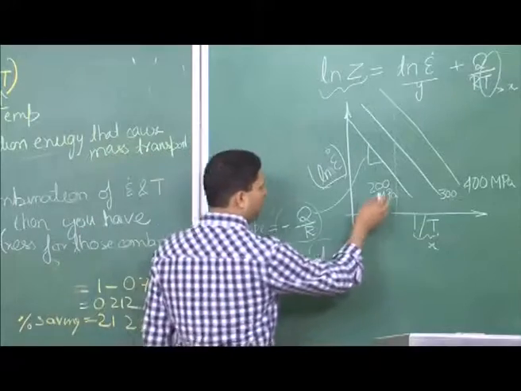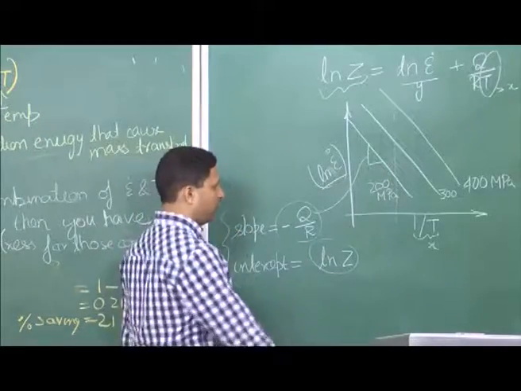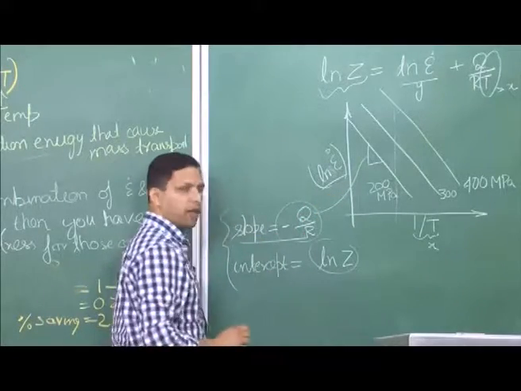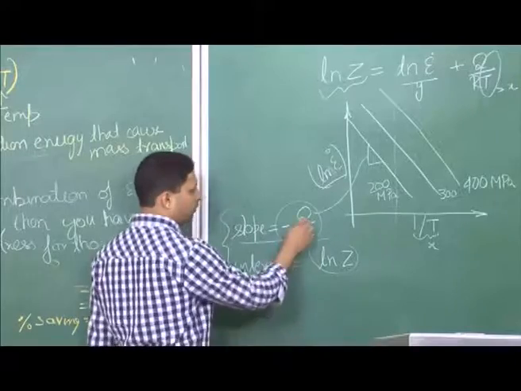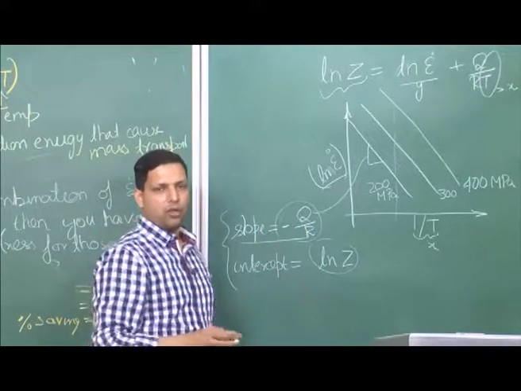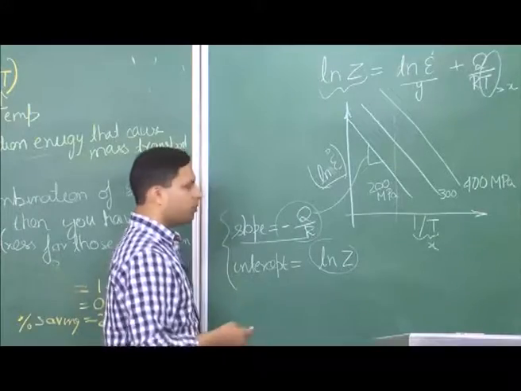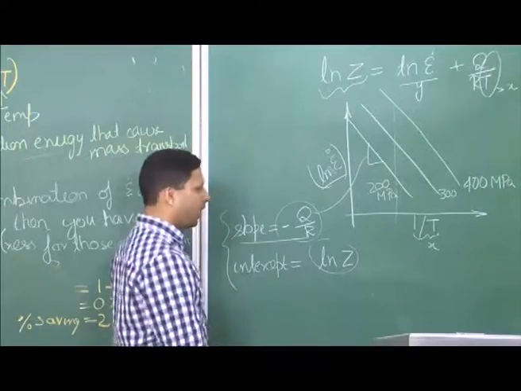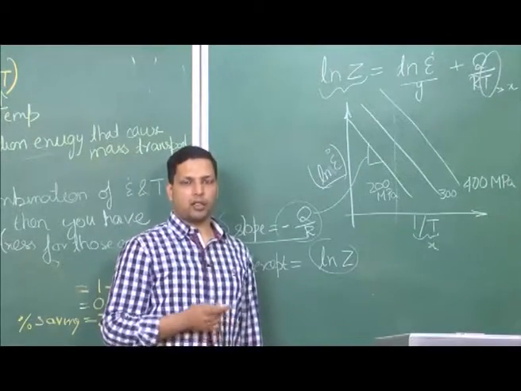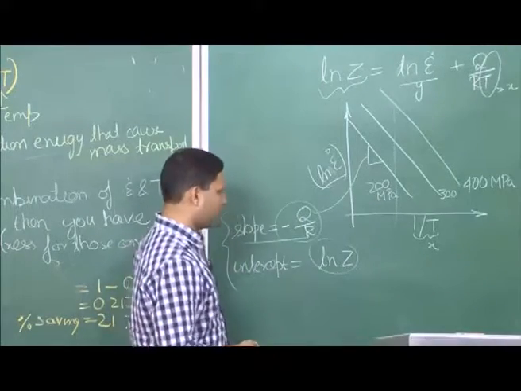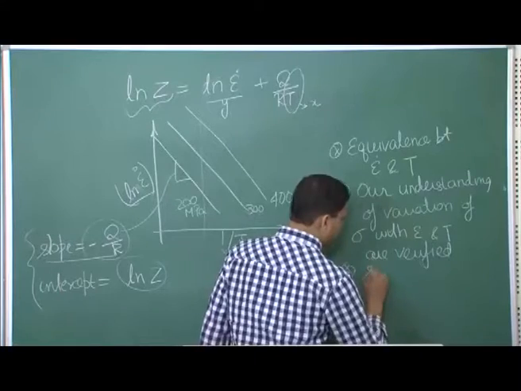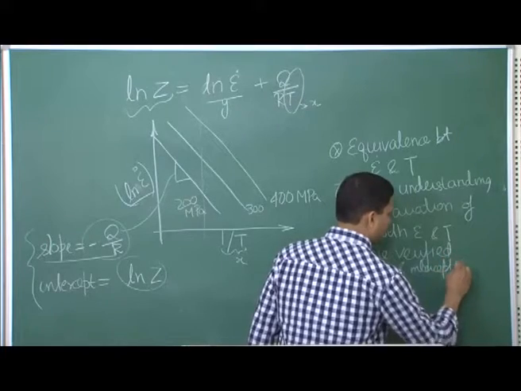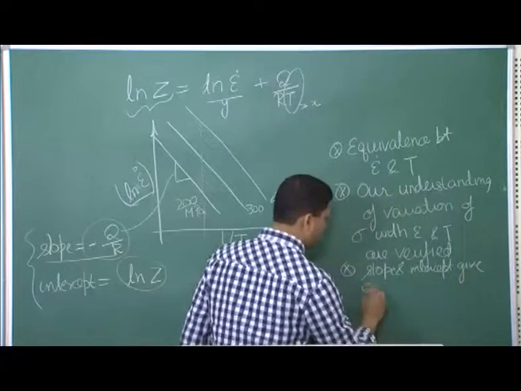So, let us say you are able to get this plot experimentally, then from this experimental plot you can measure the slope, and from the slope you will be able to measure minus Q by R, and since R is a universal constant, you will be able to get Q. So, you see, we do not need to get into the intricacies of what particular process is taking place, but just by measuring the slope, you can find out Q, and in fact you can understand from this what kind of mass transport phenomena is taking place. So, the final one is that slope and intercept give Q and Z values.